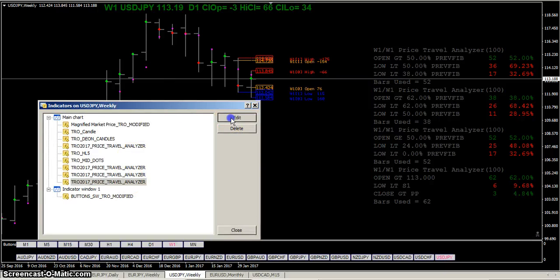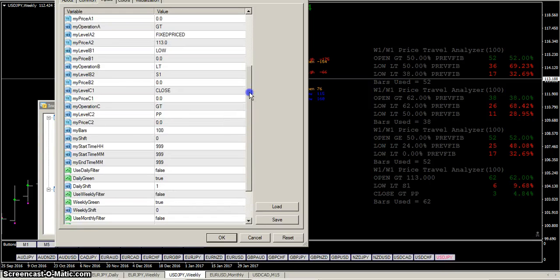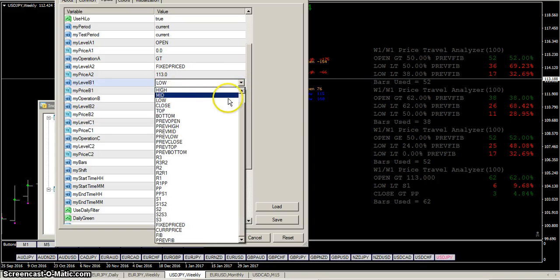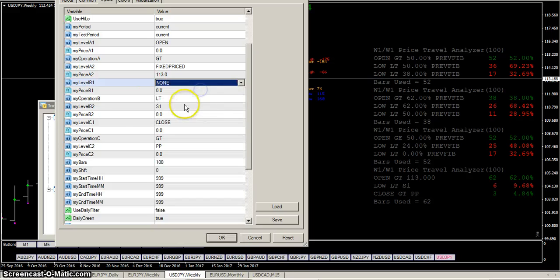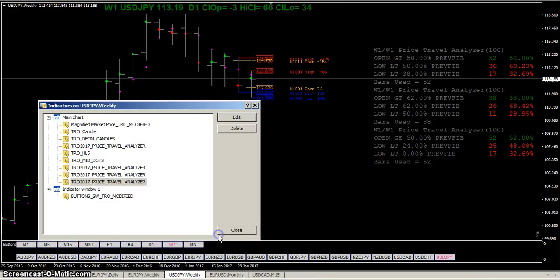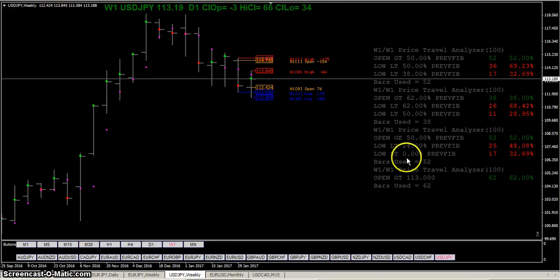And so what you can do here is just specify in the for fixed price low, level B, we want none, and level C, we want none, and they go away. So how many times did it open greater than 113? 62 times out of the last 100.